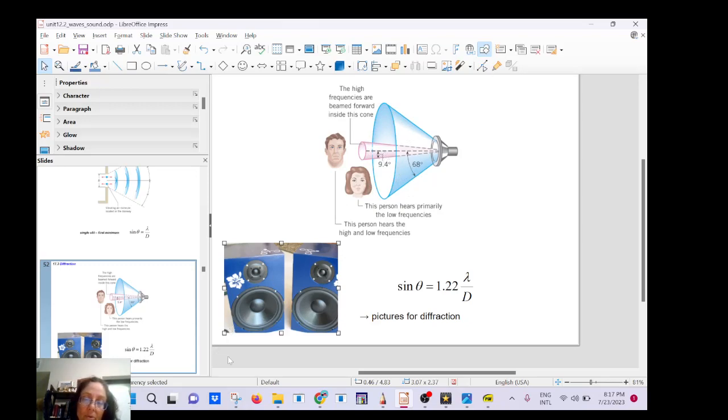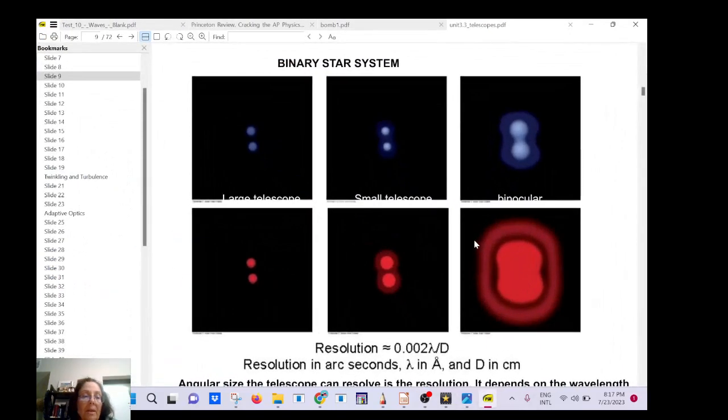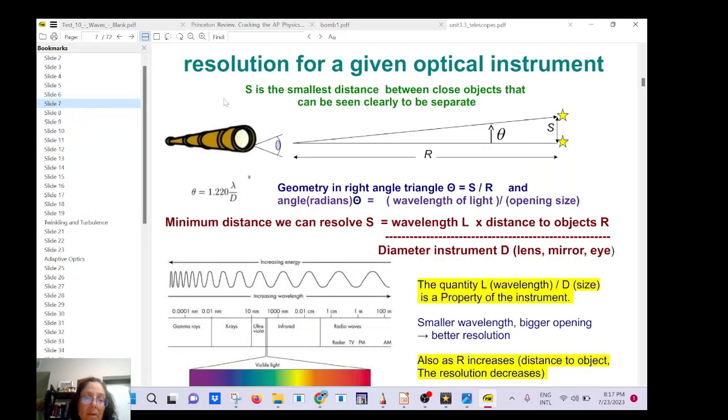So when you go to light, of course, diffraction is going to be a big deal if you are using a telescope, because light is a wave, and a telescope is an opening. So when light from stars is coming through your telescope, light will be diffracting.